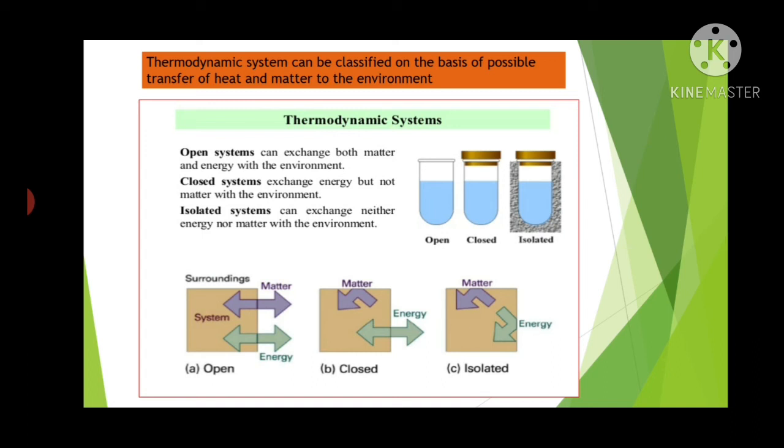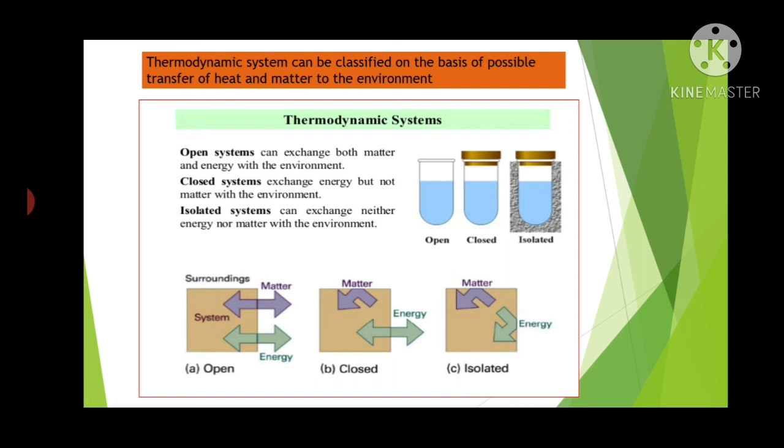Now see the closed system. Closed system means what? Let us see the definition of it. Closed system is nothing but it can exchange the energy, but it cannot transfer the matter with the environment. That is, in the diagram you can see that the test tube is now covered with a rubber lid.